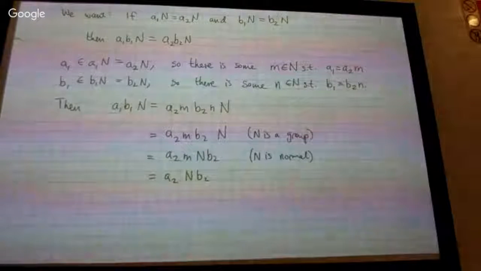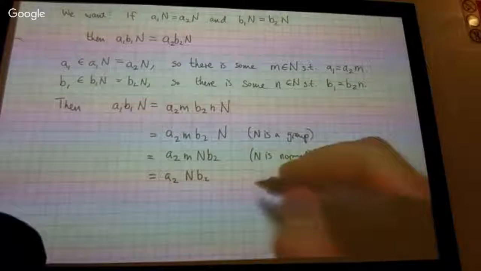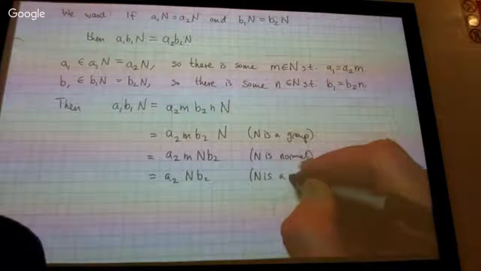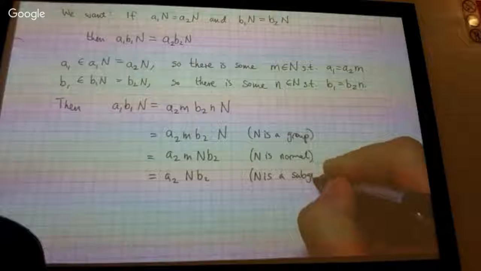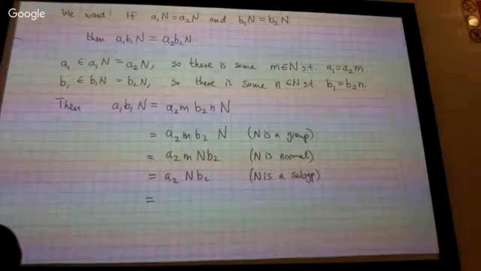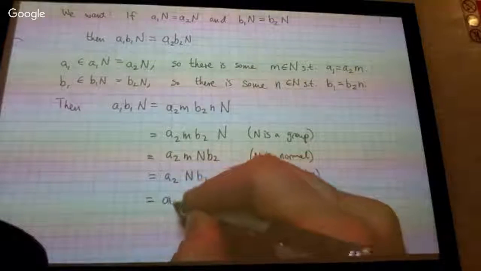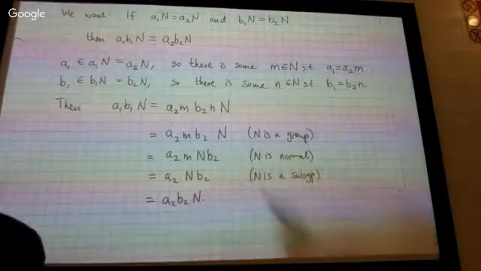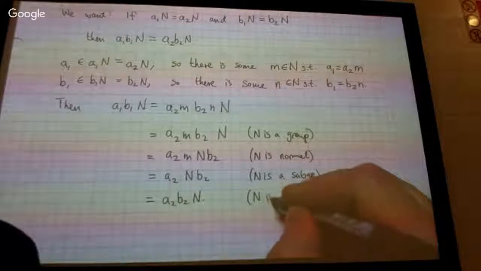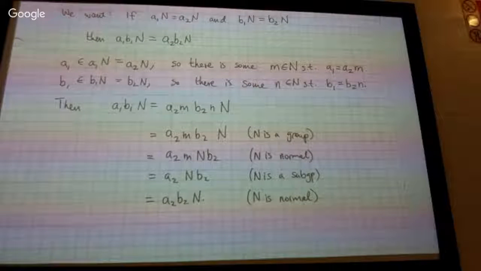Now you can see this has been eaten again because N is a subgroup. And this is now A2B2.